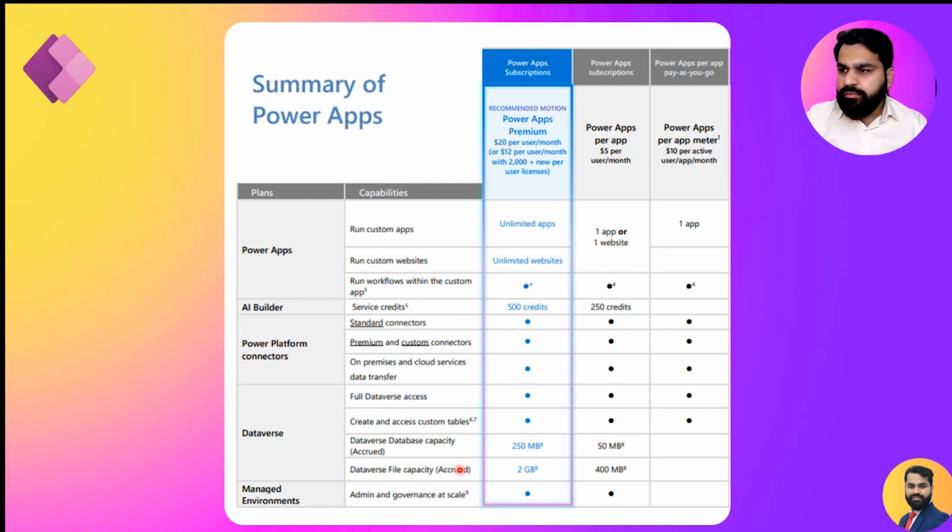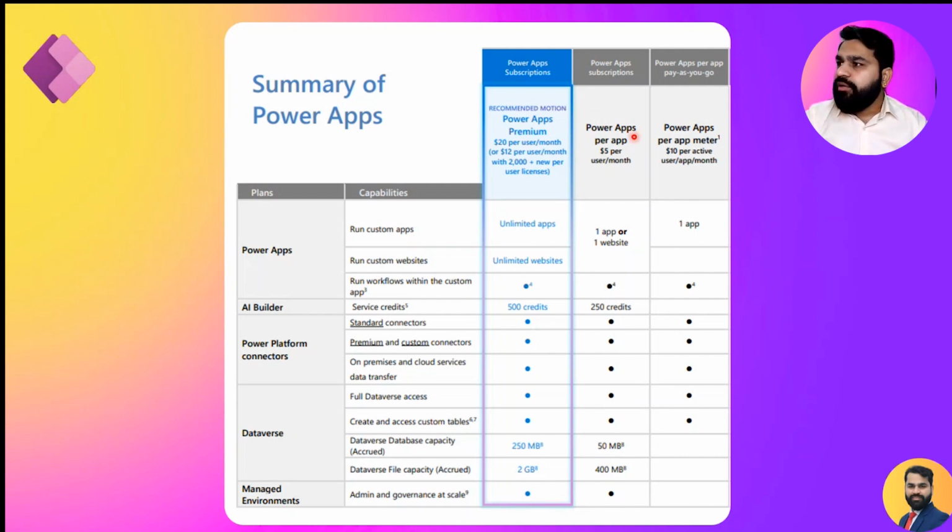These are not given to specific licenses or specific users to whom the license is allocated, but are for the tenant. They will also be able to do admin and governance from the managed environment perspective. These premium license holder users will have that capability as well.